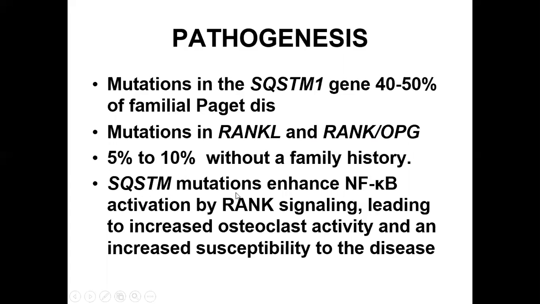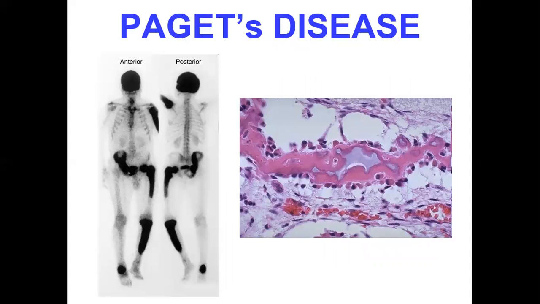SQSTM1 mutations enhance the activity of NF-kappa B activation by RANK signaling, leading to increased osteoclast activity and increased susceptibility to the disease process. So this shows increased osteoclastic activity.